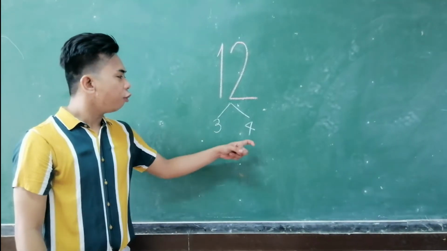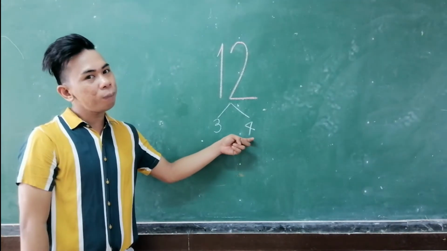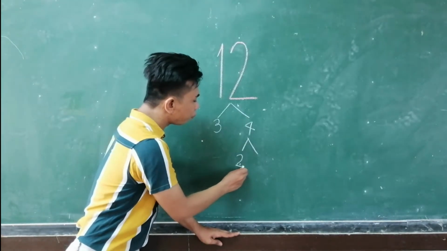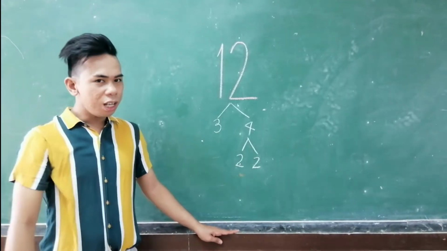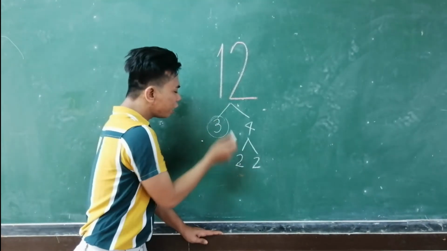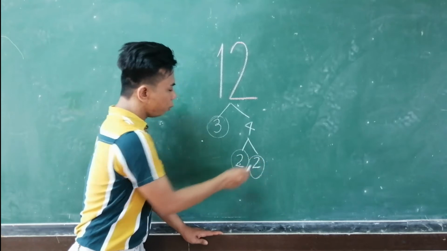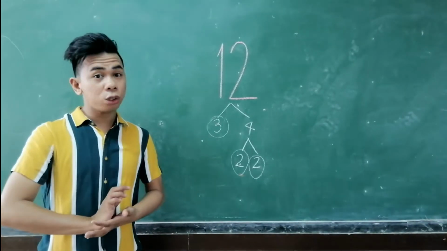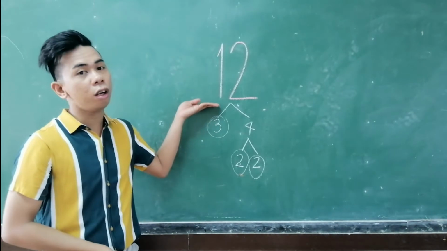And since 4 is a composite number, we could rewrite it also as factors of 2 primes. So we have 3, 2, and 2. And these prime numbers are actually the factors in getting a product of 12.